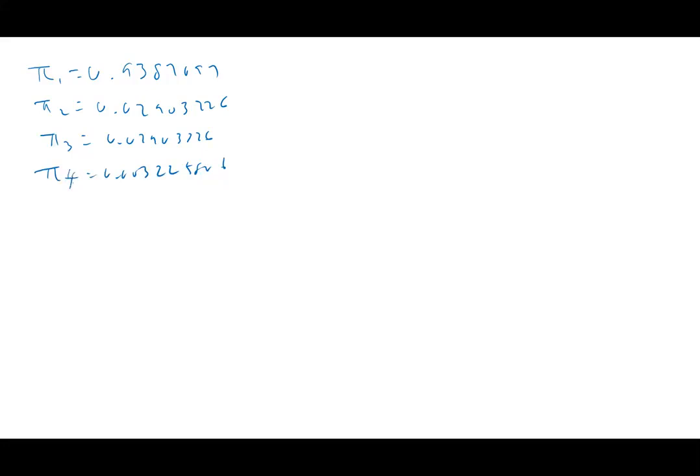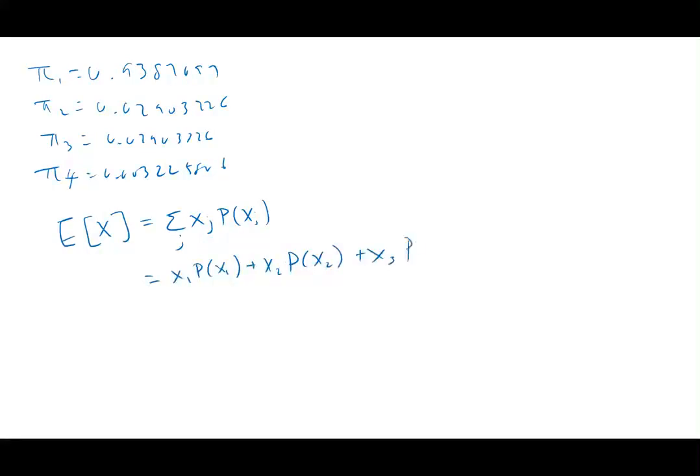If I want to know the expected premium paid by a customer, say X is the random variable, the premium the customer pays. So again, this is a summation, x_j times probability of x_j, right? Okay. So then this will be x1 times probability of x1, plus x2 times probability of x2, plus x3 times probability of x3, plus x4 times probability of x4.